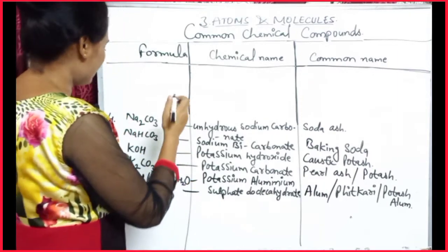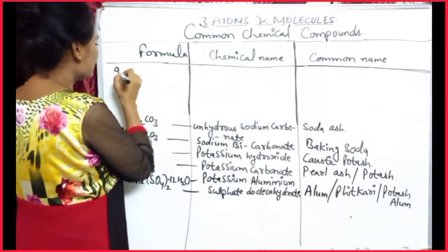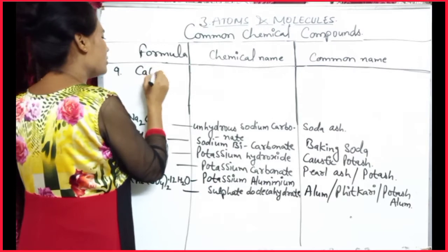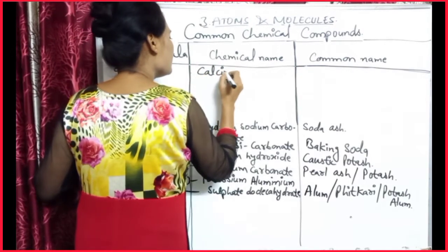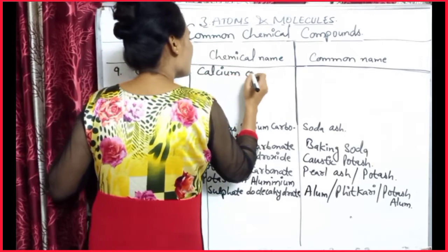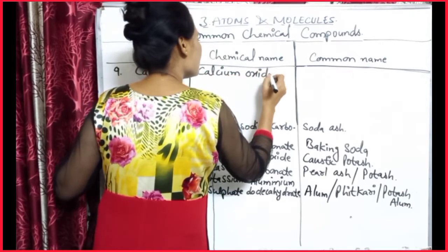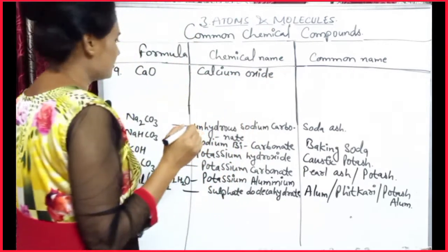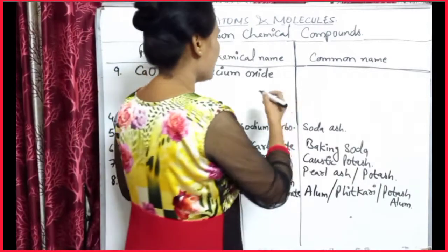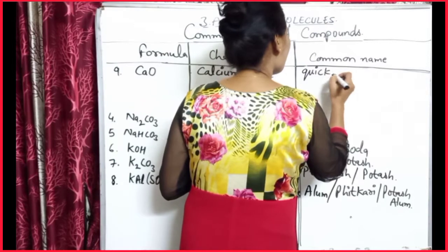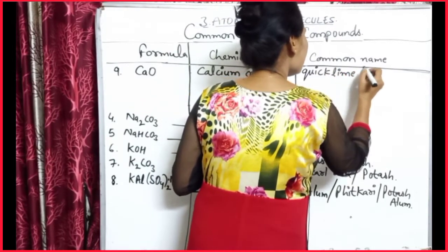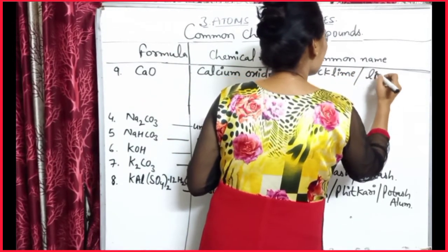So you can write next, ninth, CaO, calcium oxide. And its common name is quicklime, or it is also known as lime.